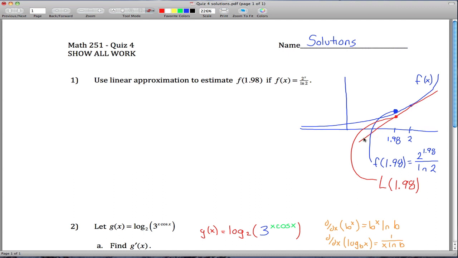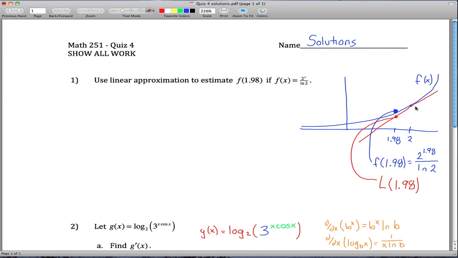And once you have the equation of this red line, we'll estimate this big blue dot, f of 1.98, using the point on the line that we come up with, and that's the linear approximation at 1.98. So our answer will be this little red dot, which is our approximation for this big blue dot. So maybe that helps a little bit.